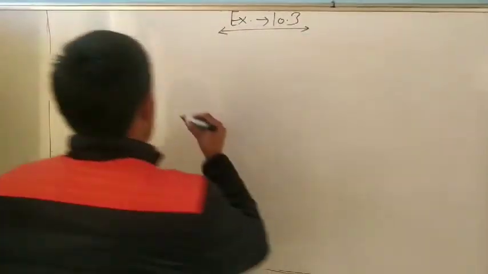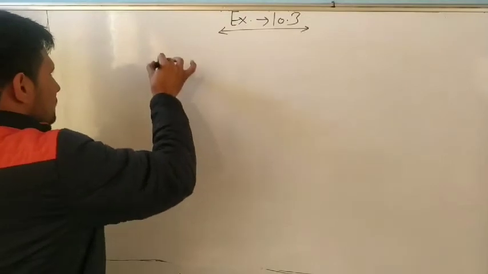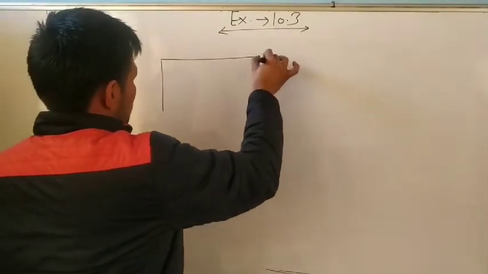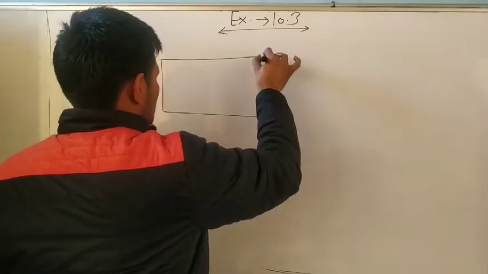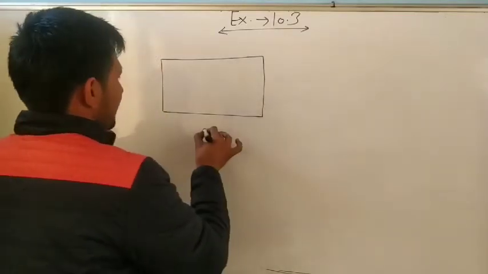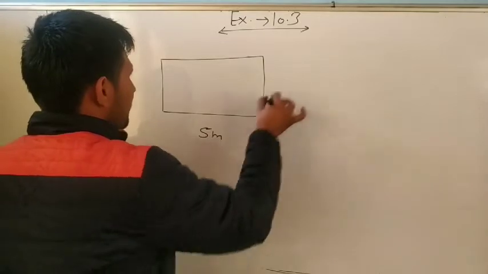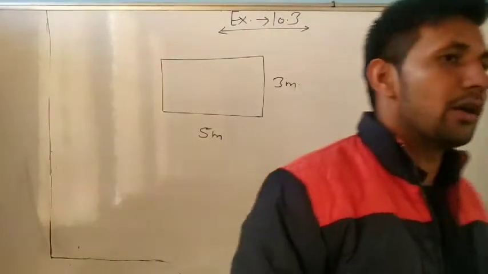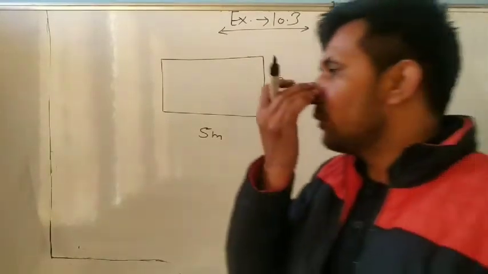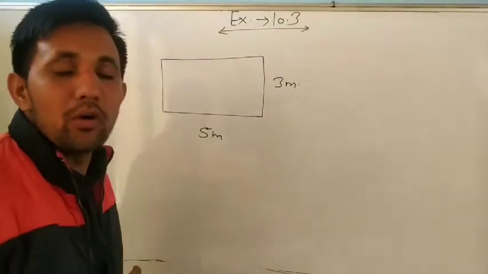Suppose it is a rectangle, and its length is 5 meter, breadth is 3 meter. If I ask you what is its area, how will we count? By counting of squares.